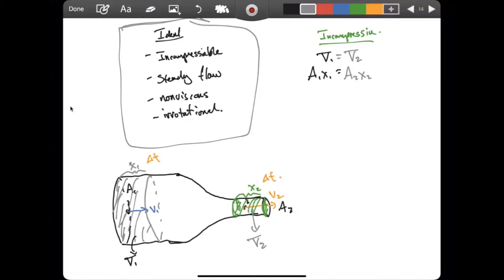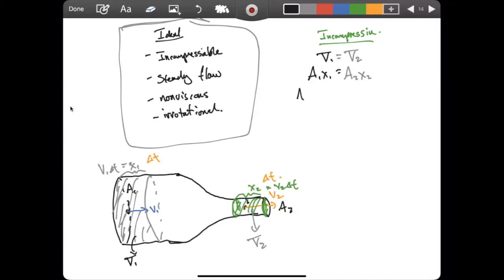Since the first one is moving with a velocity of v1, the total distance is v1 times delta t, where the second one is moving at a different velocity, so that's v2 times delta t. Just using the second kinematic equation, where it's moving at constant speed, so there is no acceleration in this case.